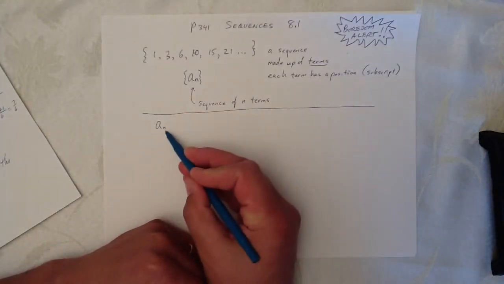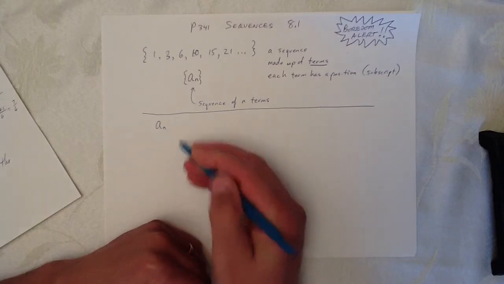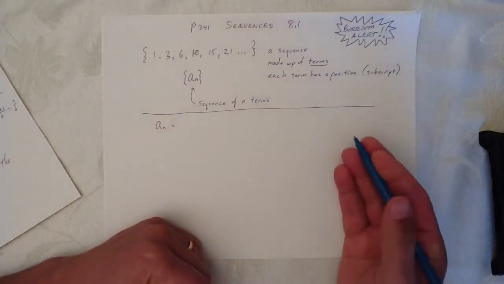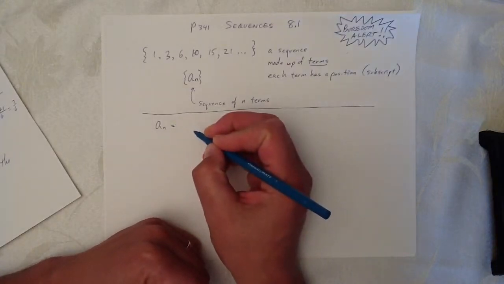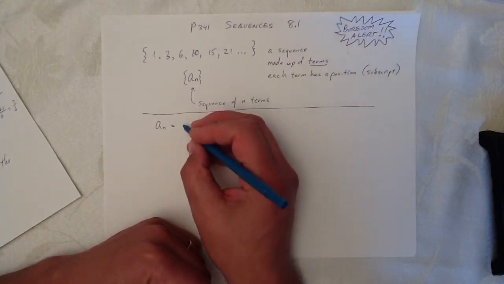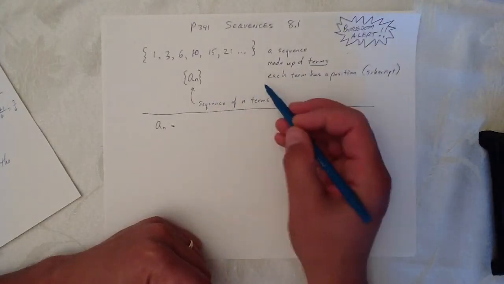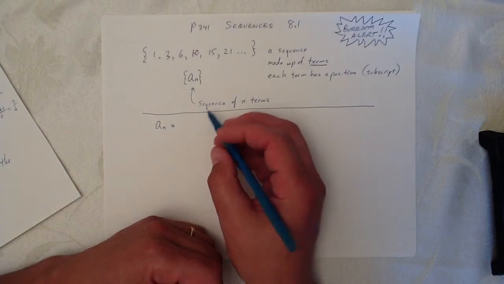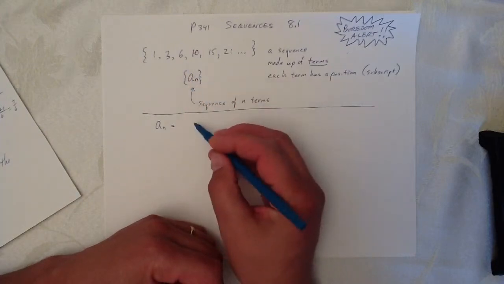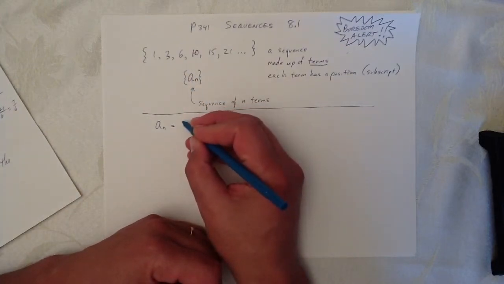A_n, or the nth term of sequence A, is equal to some kind of a formula. So it's starting to look a little bit like a function. In fact, a sequence is a function, but because it's a series of discrete numbers, as opposed to a linear function that's a continuous line, because it's a series of individual numbers, it's called a sequence instead.